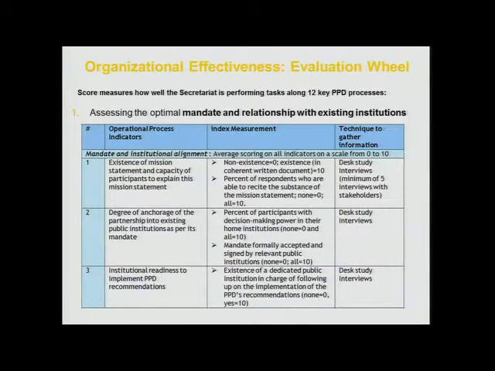So what we've done is that we've set a series of questions, and you'll find those questions on the Excel spreadsheet. Here I'll just put the beginning. For each of those process steps, we have a few questions, and for each of those questions, we have a few measurements.